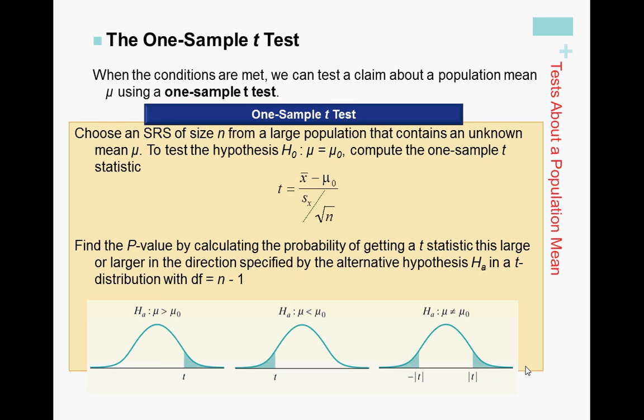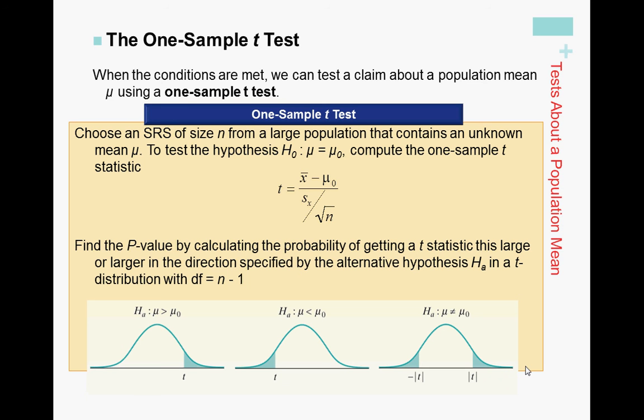We want to test the hypothesis that claims that the true mu is equal to the mu claimed in the null hypothesis. And we compute the one sample t statistic, which you can see there, we've talked through that already. Then we find the p-value by calculating the probability of getting a t statistic this large or larger in the direction specified by the alternative hypothesis in a t distribution with degrees of freedom n-1.